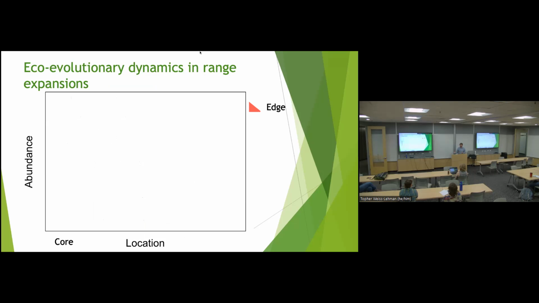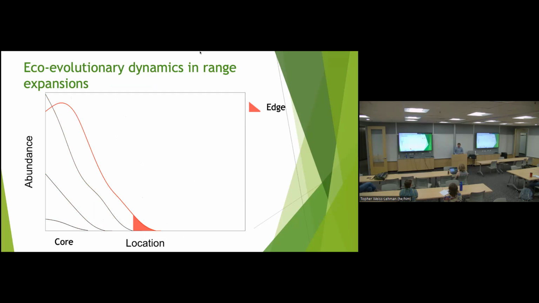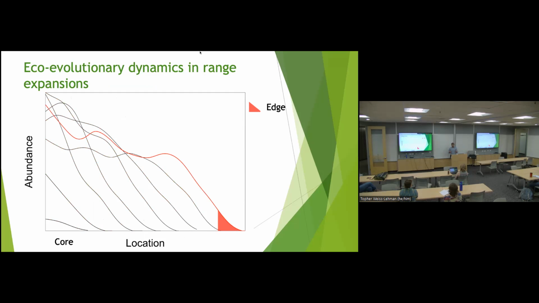So moving through space on the x-axis, you'll see population abundance on the y-axis, and I'm labeling two different locations for this range expansion. First is the core, which will be on the left side of the graph, stationary in space. And then the edge will be the shaded red region that you'll see moving forward in time. And this graph is illustrating two key points here.